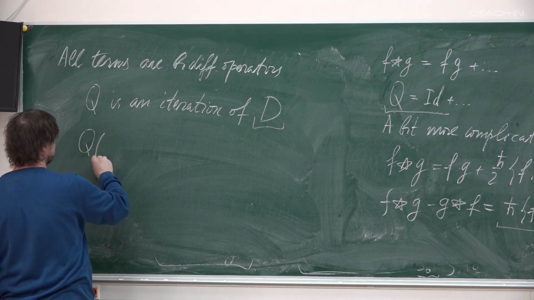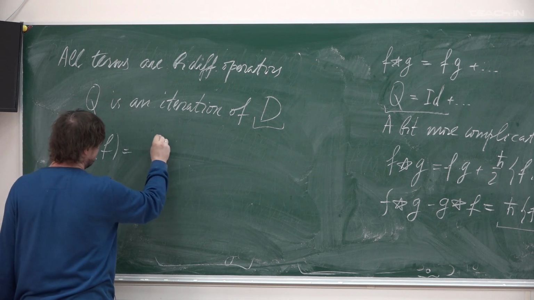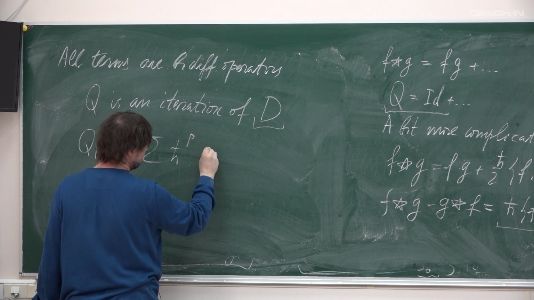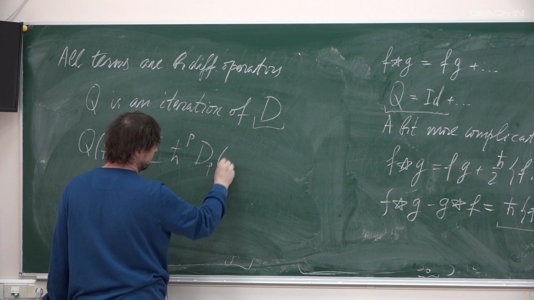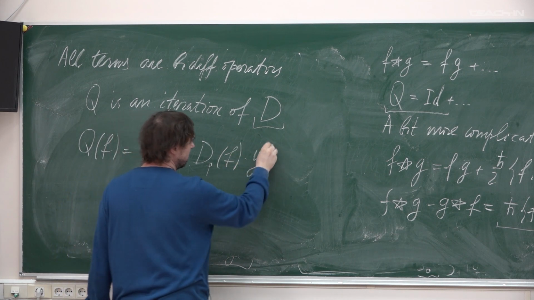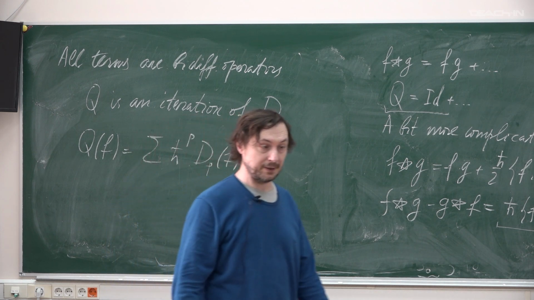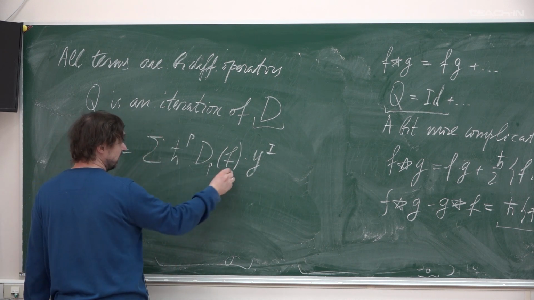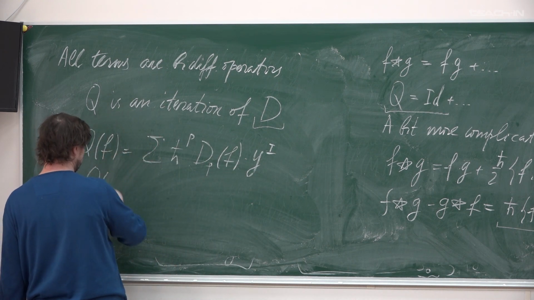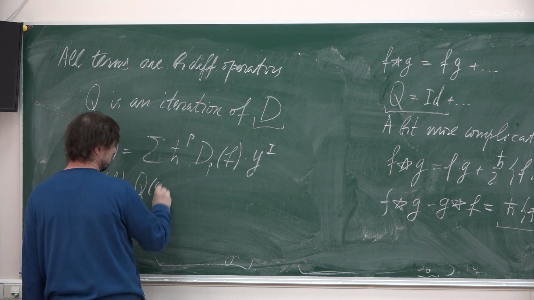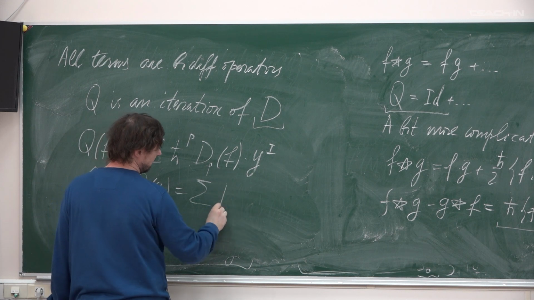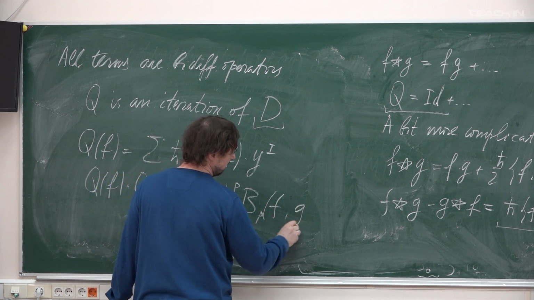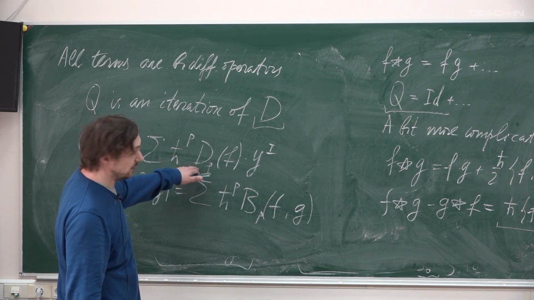So Q of F will look like a certain collection of h bar to the power P, certain P-fold differential operators applied to F times y to the power I, right? When you take this product, you just obtain QF times QG equal to h bar to the power P by bidifferential operators of F and G, which B_P are just collections of d_P with certain coefficients.